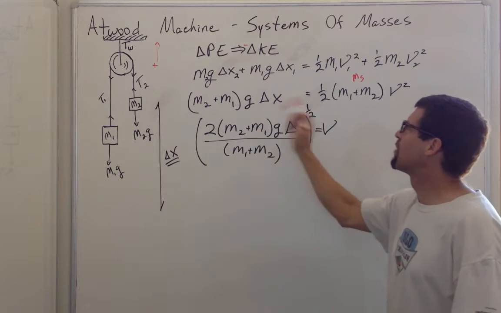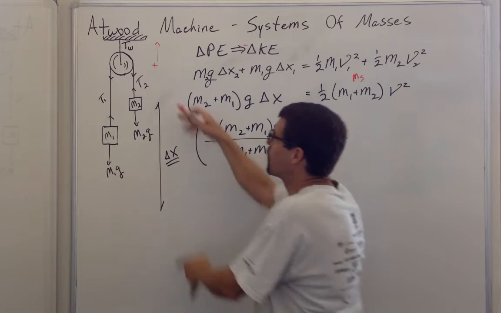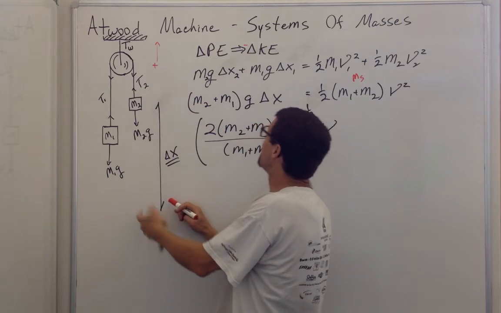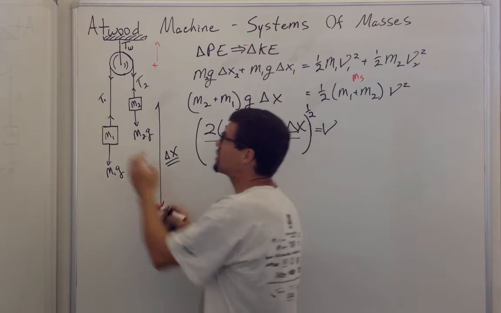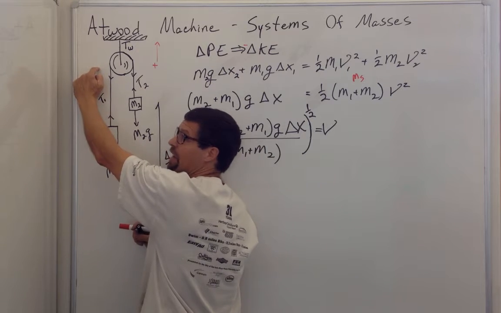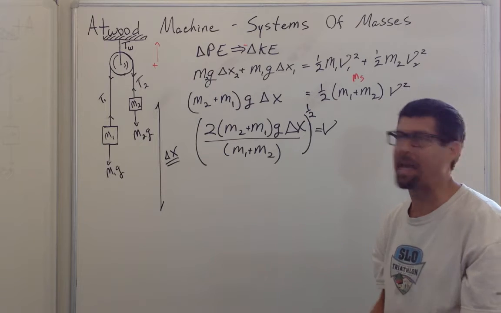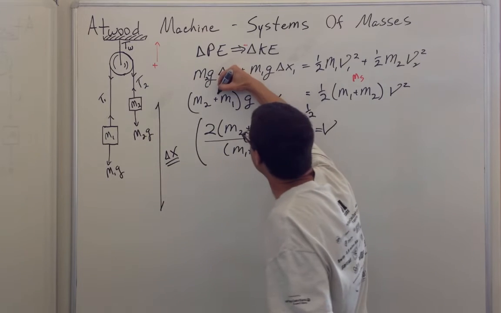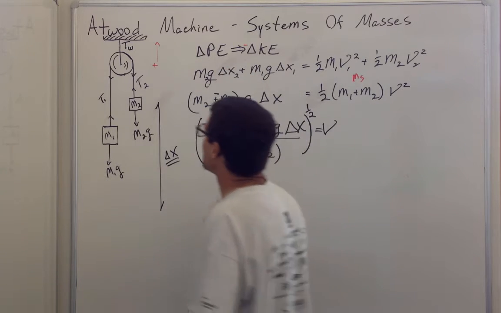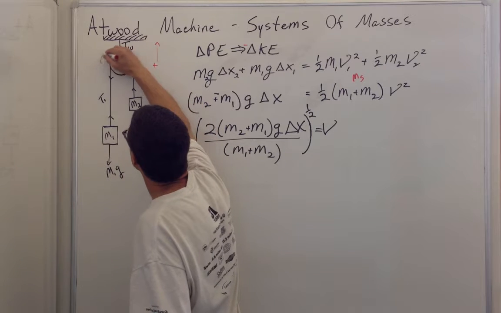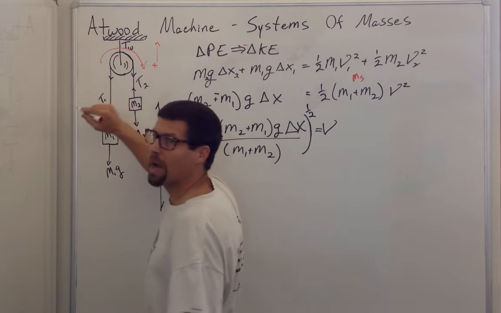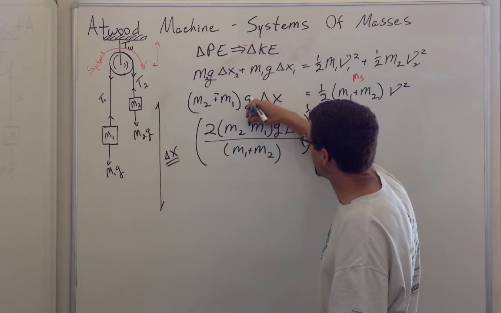And so you realize the mistake was, of course, this one is losing potential energy that is turning into kinetic energy. This one is sucking up some potential energy that takes away from the kinetic energy that you would be gaining. So we need to put a minus in here and recognize that I'm calling this the positive direction of the system, and that brings a negative here as well.